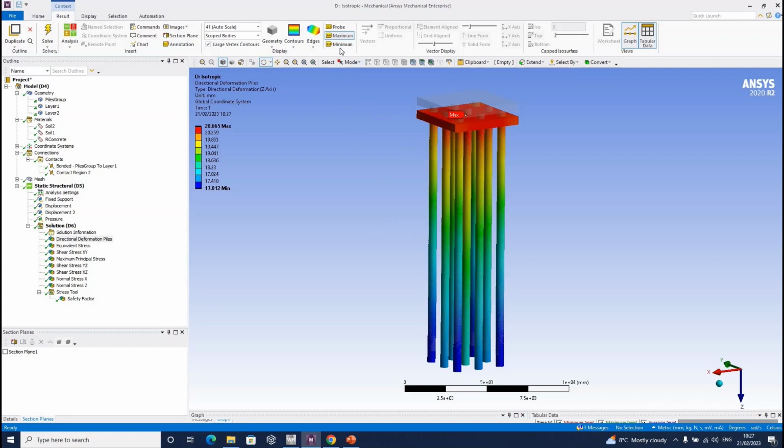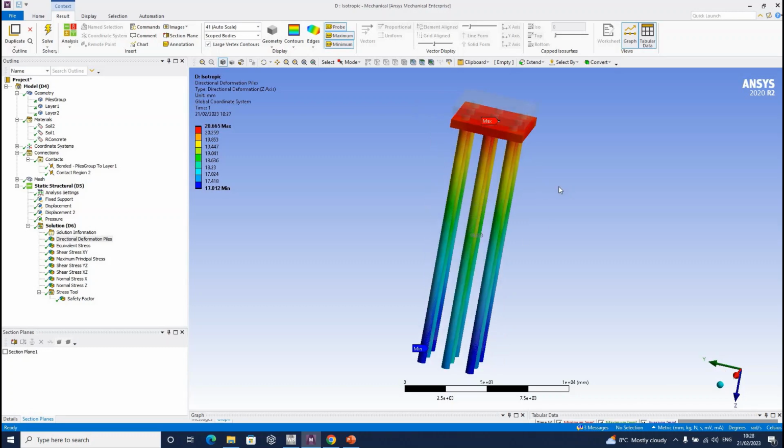But I will take advantage as well to show you that you have these two buttons in here, maximum and minimum, with which you identify the maximum and minimum deformation, in this case in the Z direction. And you have this button, probe, in here, which is basically a tool to identify manually the values of the post-process, in this case deformation, at every point of the geometry.